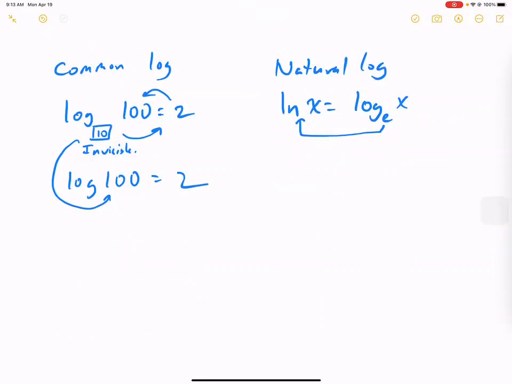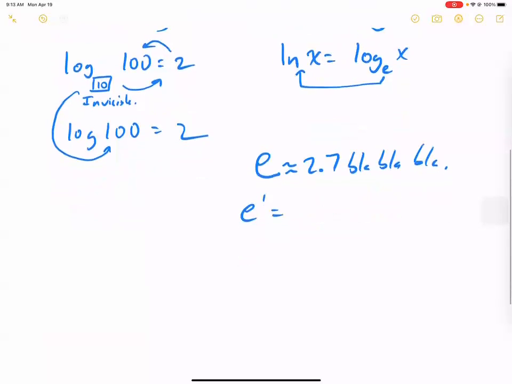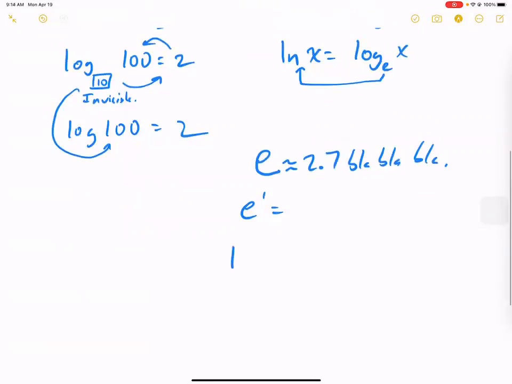So here's a number. We have this variable e, and e is a constant, and this is approximately 2.7 blah blah blah. If you find this button on your calculator, if you type e to the 1 power, or if you have an old school calculator, you would type 1, and then hit the button e to the x, you will see the approximate value of 2.7, again, blah blah blah.